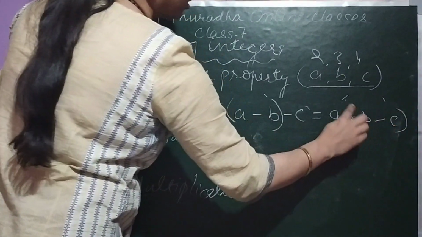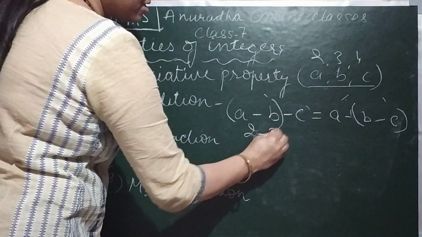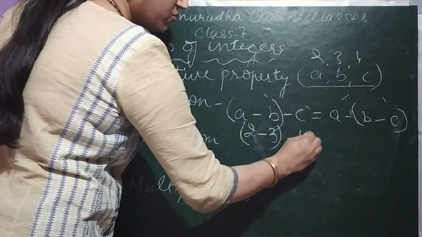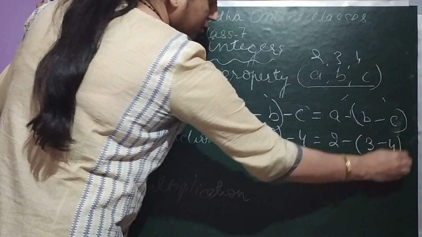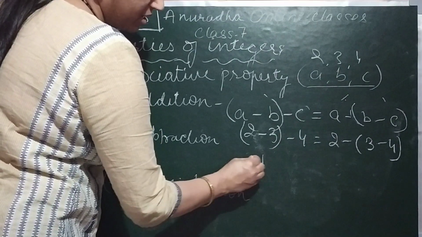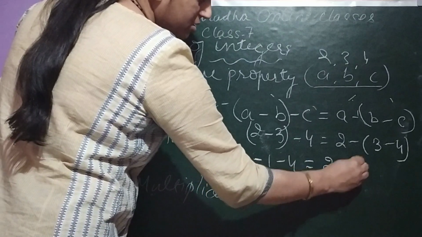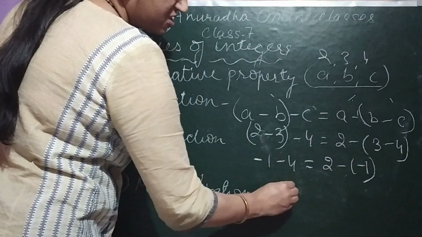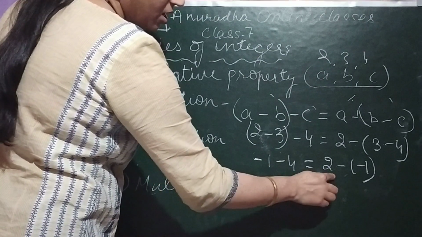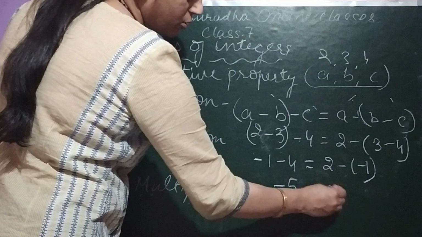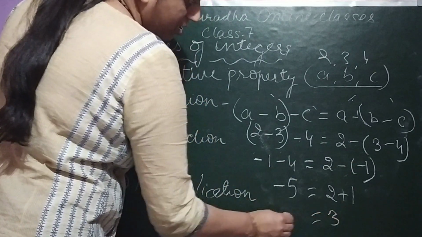Now take (2 minus 3) minus 4, and 2 minus (3 minus 4). 2 minus 3 is minus 1, minus 4 is minus 5. And 3 minus 4 is minus 1, so 2 minus minus 1, and minus into minus is plus, so here it is 3 and here it is minus 5.